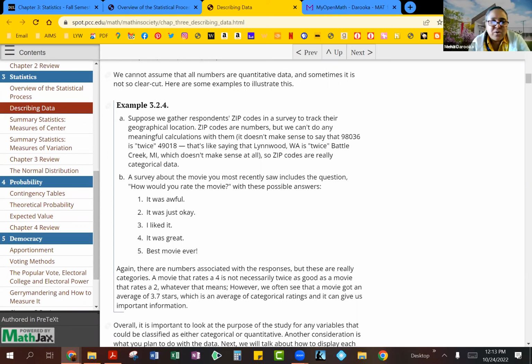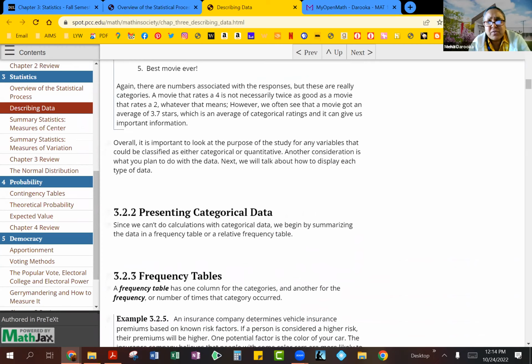If somebody said, I would rate this movie as a 4, I can't really use that as a number, because they are just saying it was a great movie. So this is not quantitative. That's what they're trying to highlight in these two examples: they may be numbers, but that doesn't make them quantitative data by default. So that's something to watch out for.